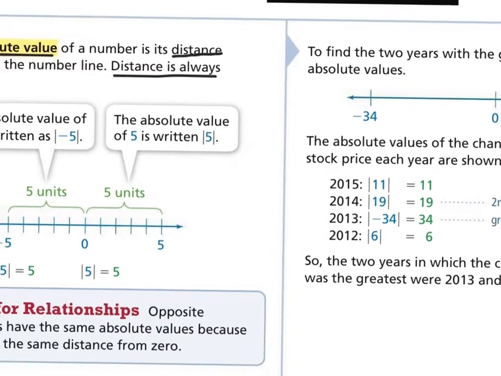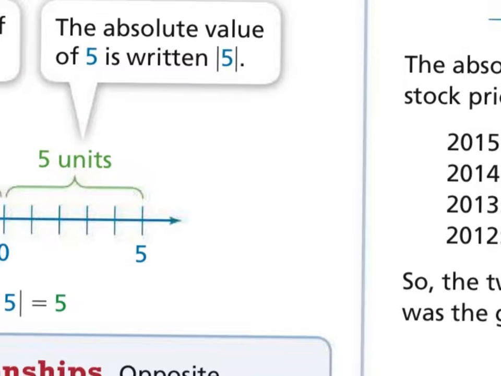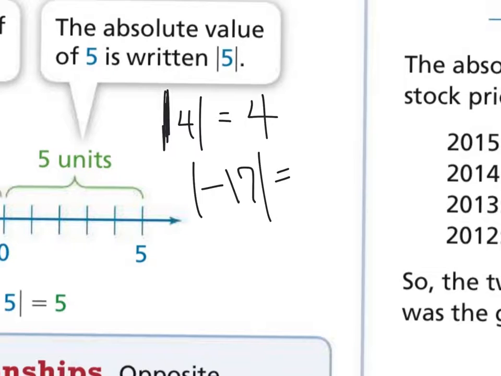Another example we could look at, just to make sure we got this. This would be absolute value of 4. So how far is 4 away from 0? It would be 4. Absolute value of -17.